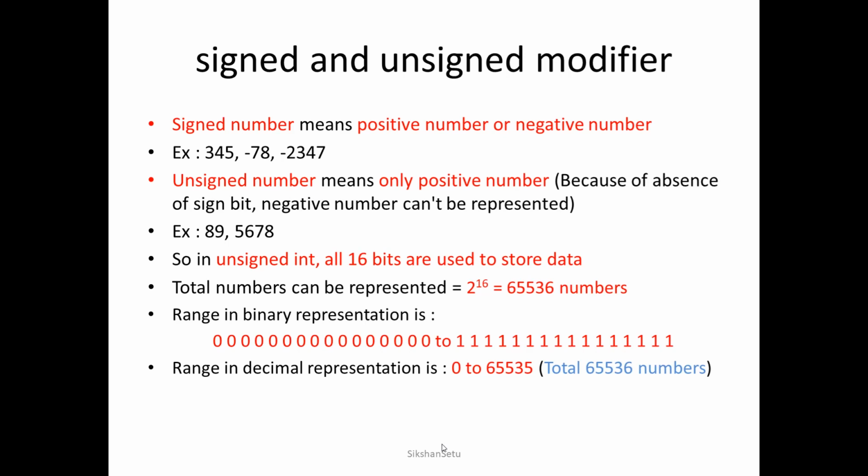Along with the data type we can write integer. By default if I write integer, it is signed integer. If I need to use unsigned integer, I need to explicitly write unsigned integer a. But if I write integer a, it is by default signed integer, capable enough to handle positive as well as negative numbers.